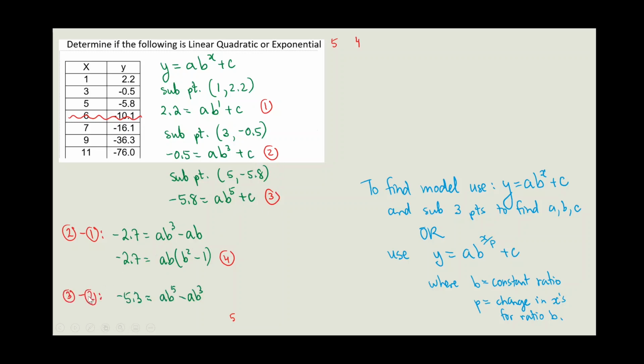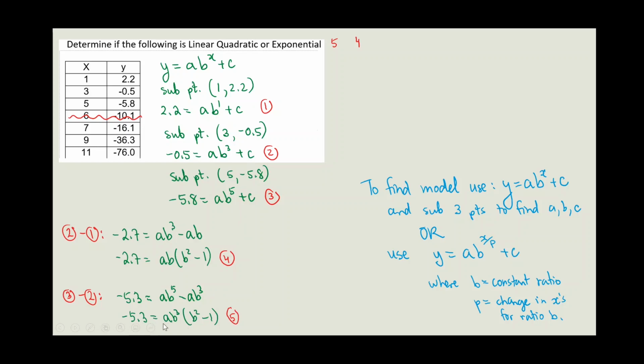We can be doing that to eliminate the c's again. So this negative 5.8 minus negative 0.5 gives us negative 5.3. Then ab to the 5 subtract ab to the 3. We cannot actually subtract them, so write them down side by side. They're unlike terms. And then c subtract c will disappear.